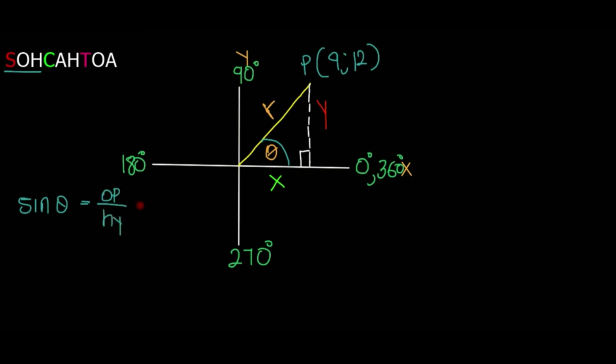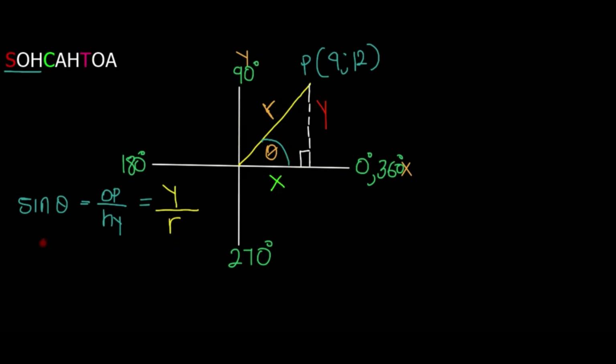Now we will use this right angle triangle, we will use y, x and r for these trig ratios. We look at what our opposite is. This is our angle, our opposite is y, and then our hypotenuse is this one. This means sin theta is equal to y over r when we use x, y or r.